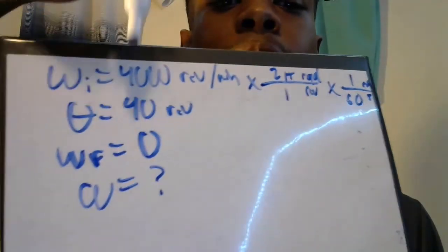See if you got that. We're going to do 4,000 times 2 pi over 60. I'm getting 418 radians per second. If you got something different, pause the video and redo it. So we got 418.88 radians per second.